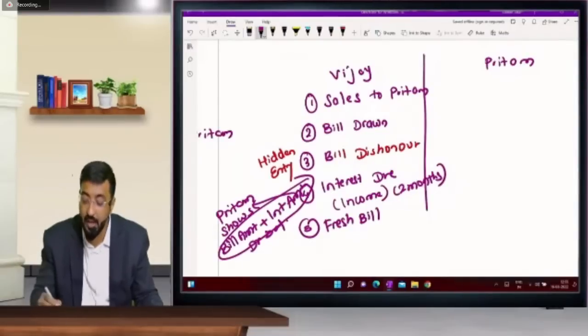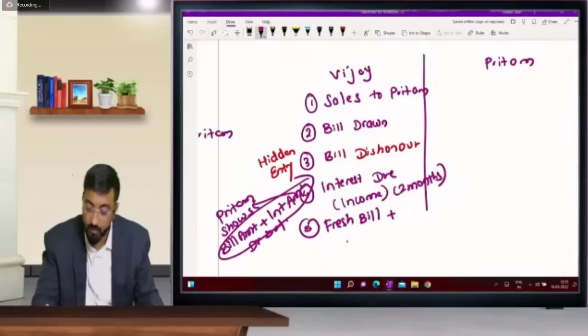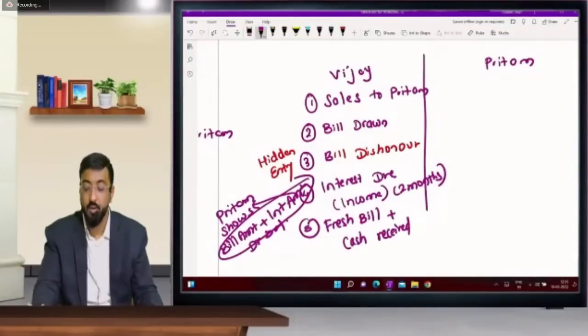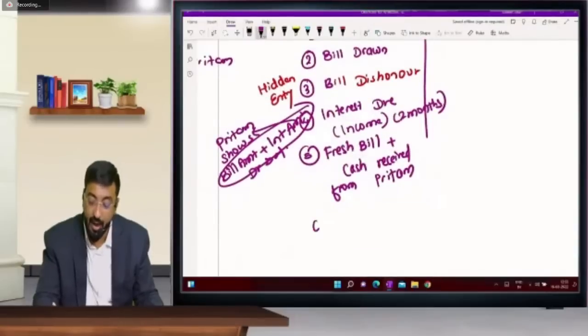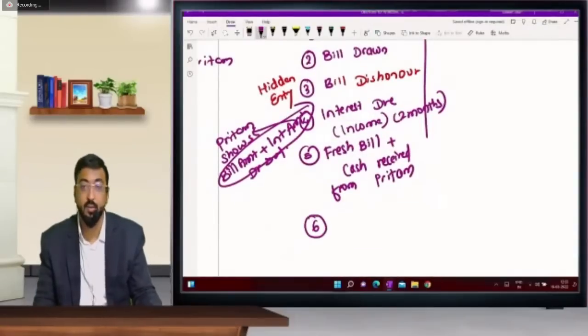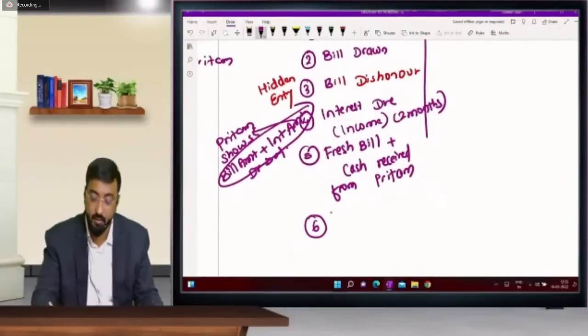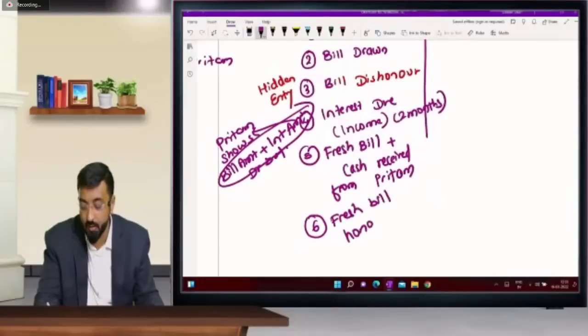Then fresh bill plus cash received from Pritam. And the next entry will be fresh bill honor after 2 months.